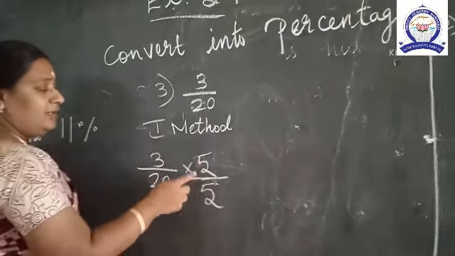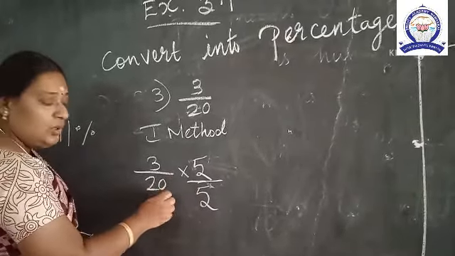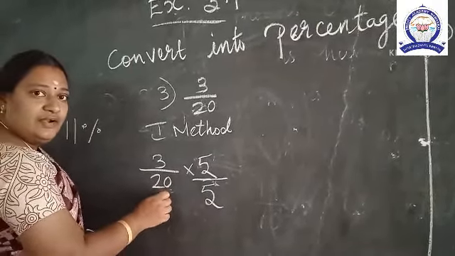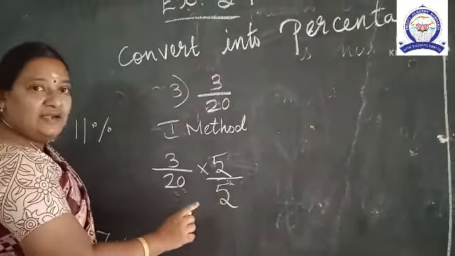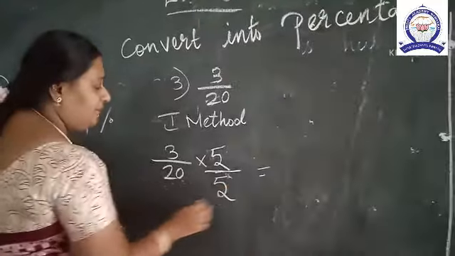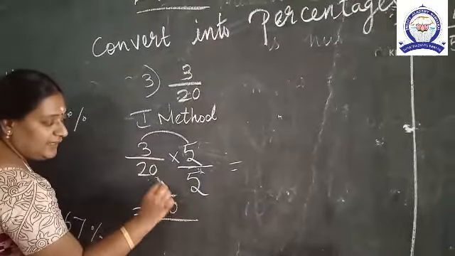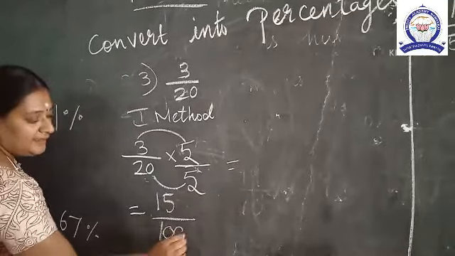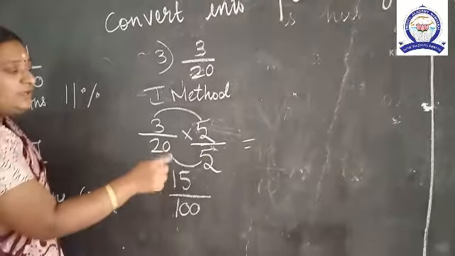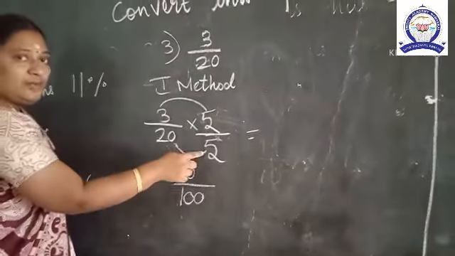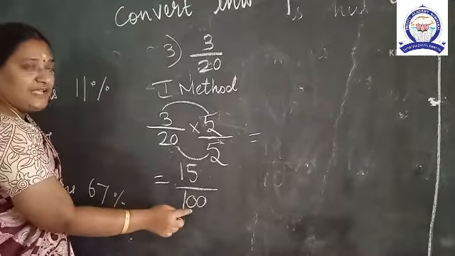We multiply the same number in the numerator and the denominator. How do we make 20 into 100? You have to multiply by 5. So we have made 20 into 100 by multiplying the numerator and denominator by 5.